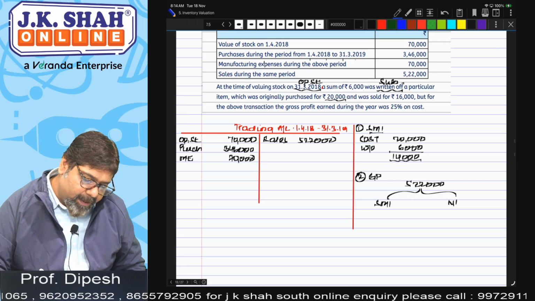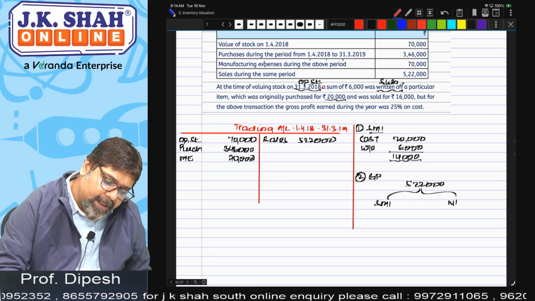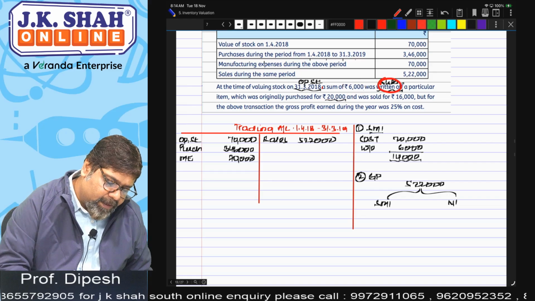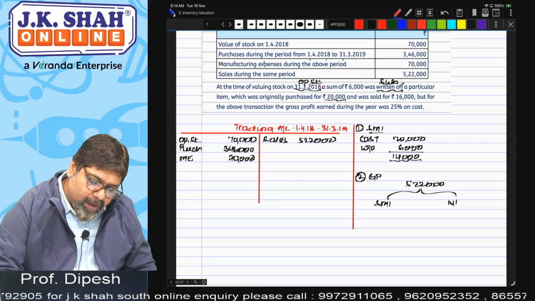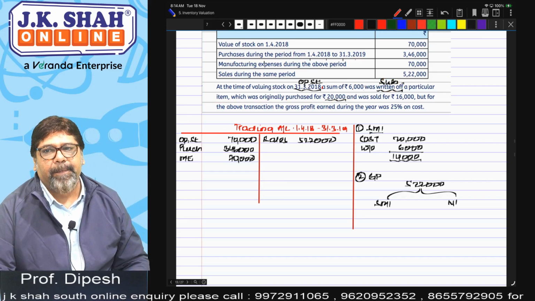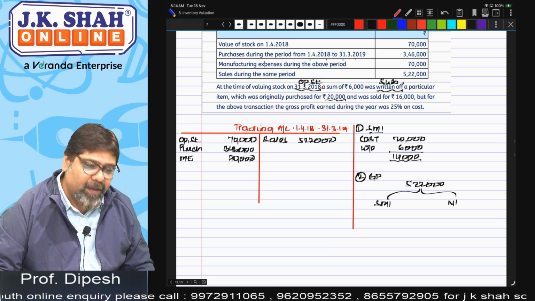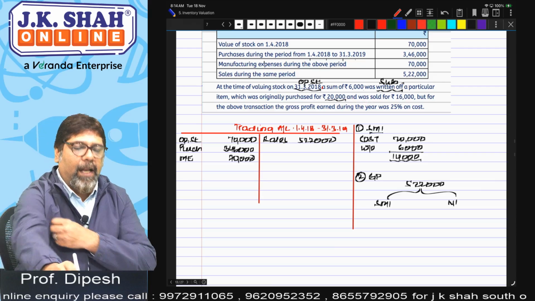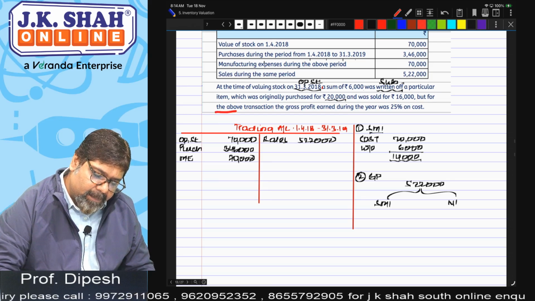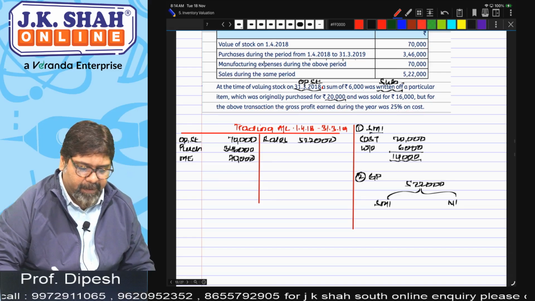It is given that at the time of valuing stock on 31st of March, rupees 6,000 was written off, of a particular item which was originally purchased for 20,000, and was sold for 16,000. But for the above transaction, the gross profit was 25% on sale.